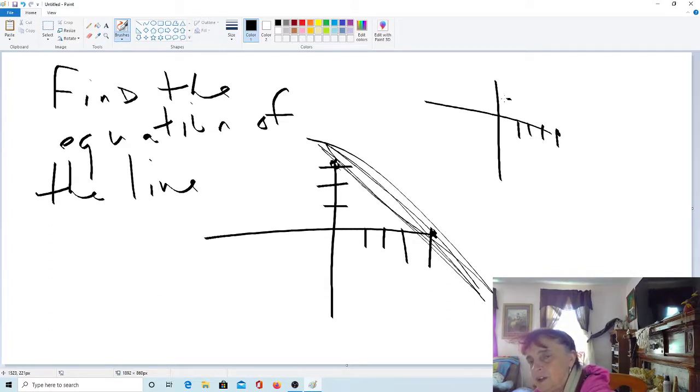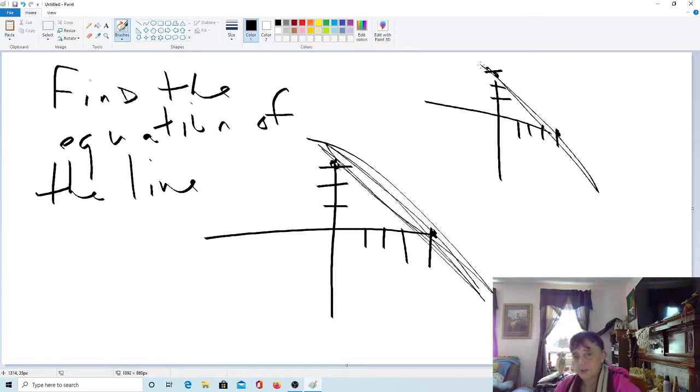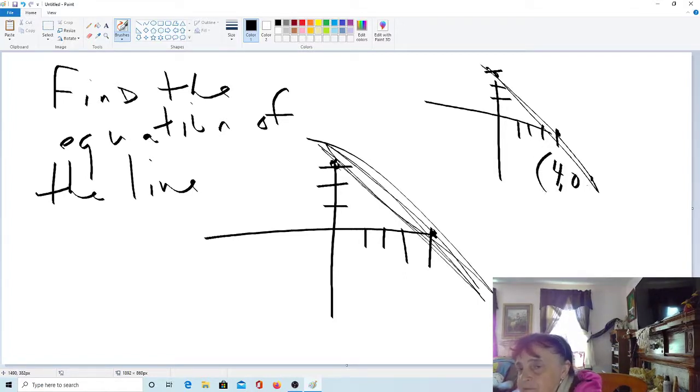Here's one point, here's another point, and this should be a straight line. It goes through the x-axis when y is 0, so it's (4, 0). It goes through the y-axis when x is 0 and y is 3, so it's (0, 3).